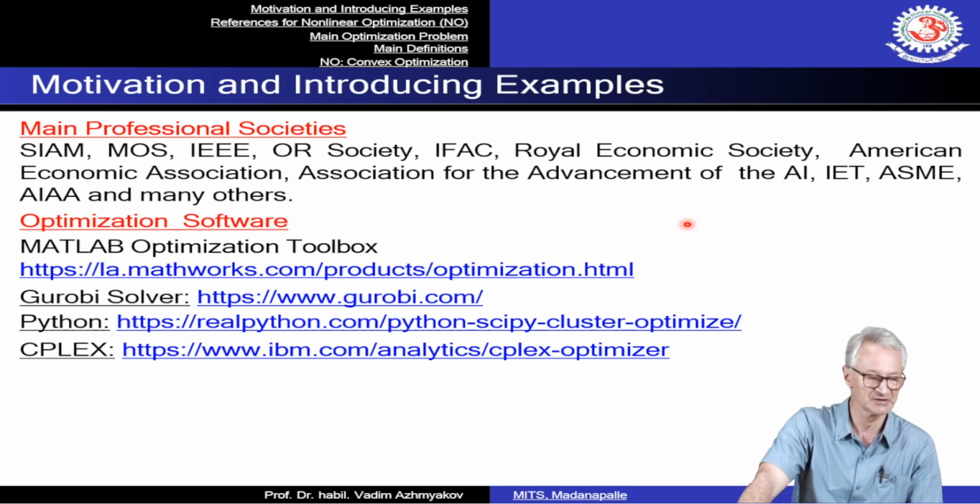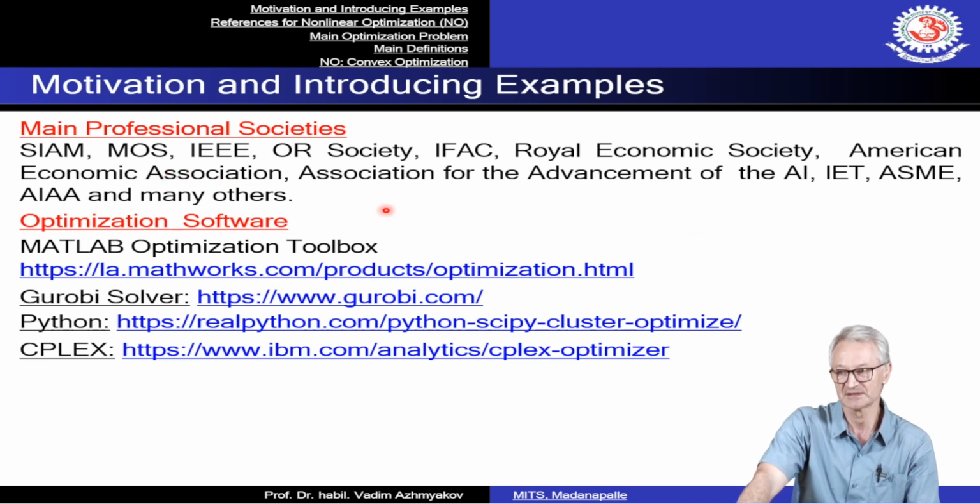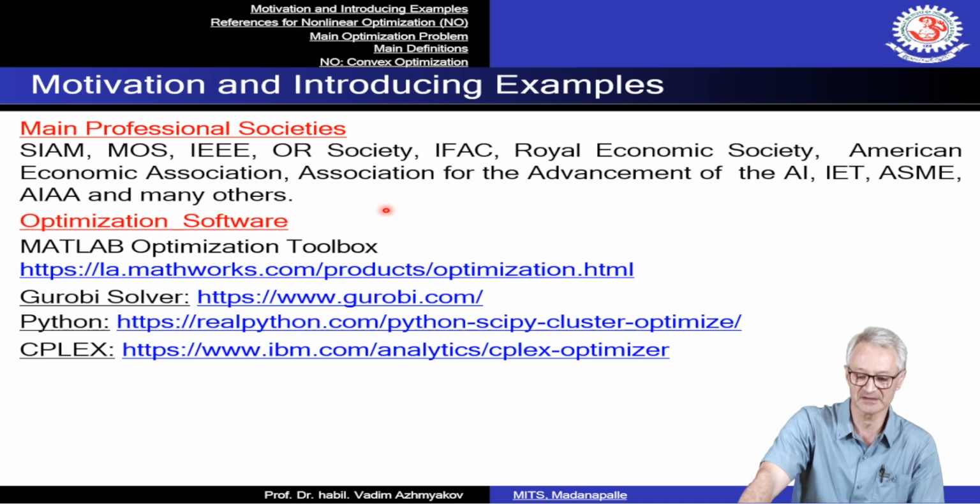This is SIAM, the Society for Industrial and Applied Mathematics, MOS, the biggest professional society, IEEE, which is also very interested in optimization techniques, and many other societies, the International Federation of Automatic Control, and of course professional societies from economics, financial science, management, and so on.